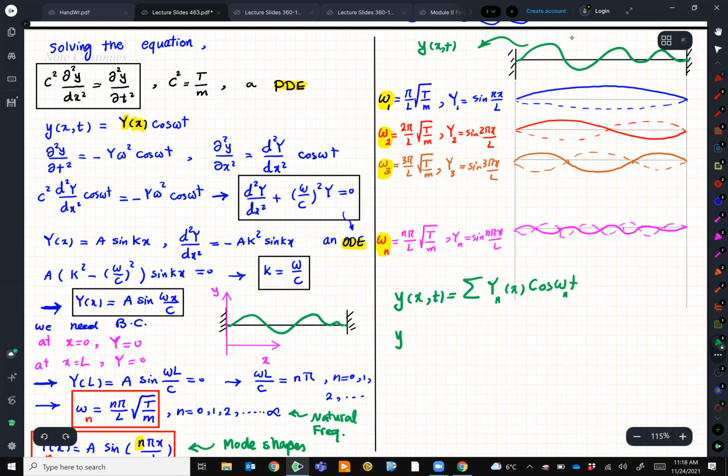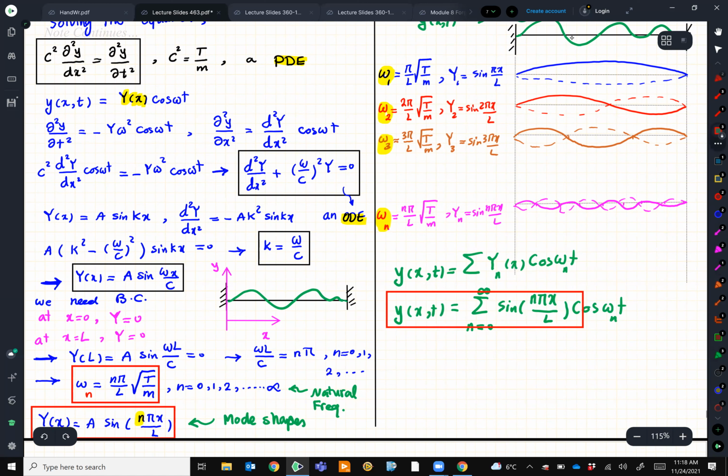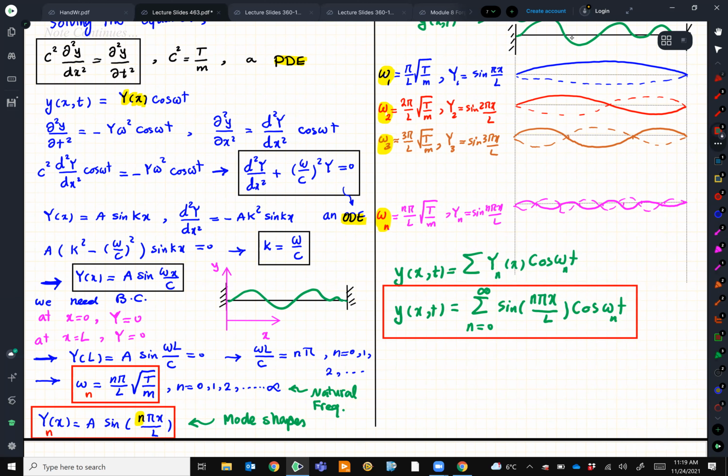And if I substitute these values, y(x,t) will be equal to the sum of sine n pi x over L cosine omega_n t, and n can be from 0 to infinity. Here is the final response for the string vibration. And we know each of these parameters. We know what omega_n is and the rest as well.